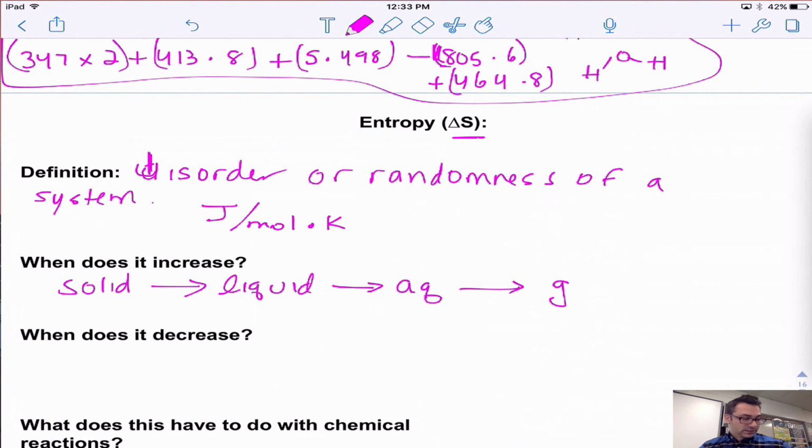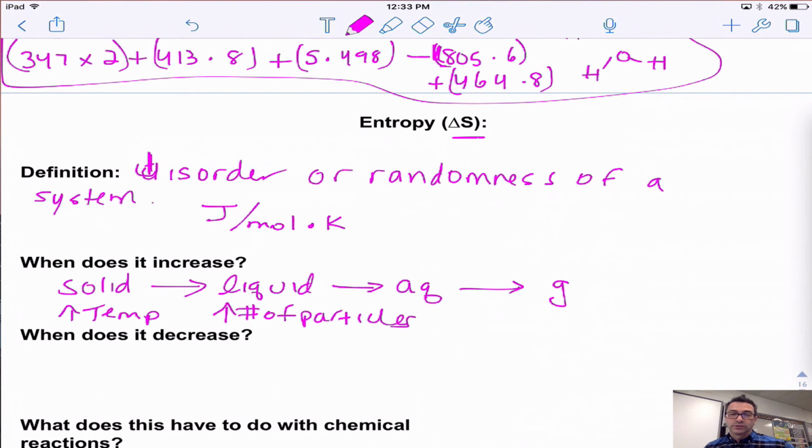Another case where it increases is if you increase the temperature. The particles have more kinetic energy, they're moving faster, and they have more freedom of movement. The disorder would increase. And the last case is if you increase the number of particles. In a chemical reaction, this really becomes important.